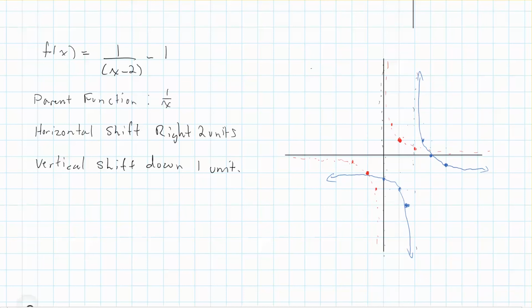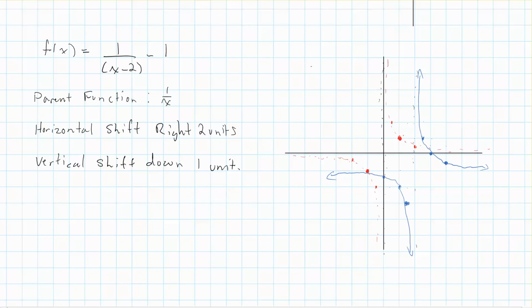And again, because everything shifts to the right 2 and down 1, and everything's approaching the x-axis, well, I have to shift that down 1 unit. So the 1 over x's are a little bit more challenging to do the transformations on, but it's still the same process. You just shift to the right 2 units and then down 1 unit on this example.